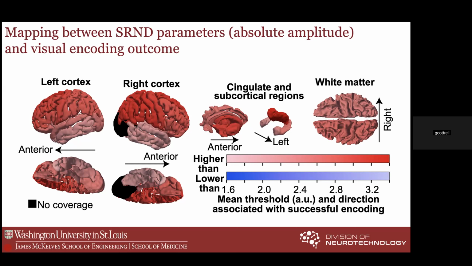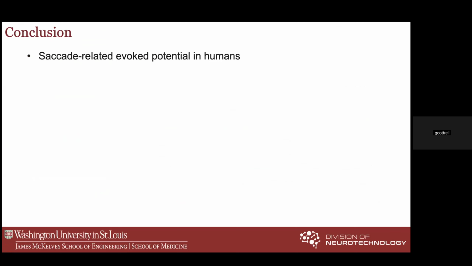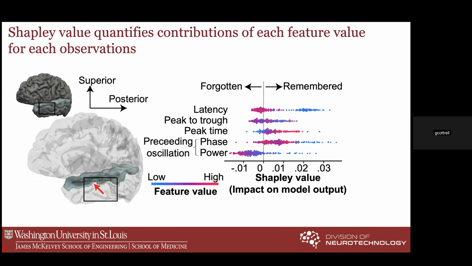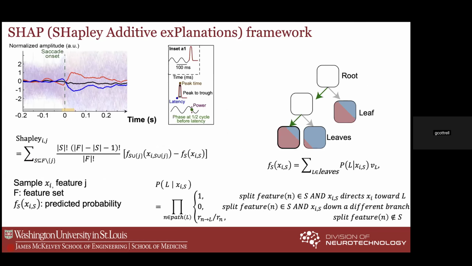Are the negative encoding correlates related to the direction of saccade? Nope. We were actually very careful to eliminate that possibility. What we did is we have two classes of waveforms, and each is associated with a certain number of saccades.